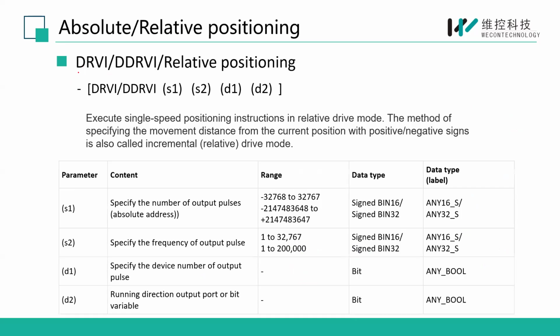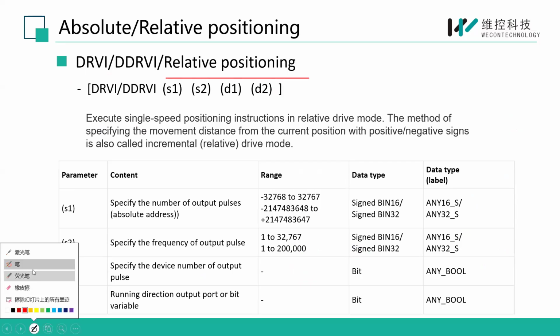About the DRVI and the DDRVI, this instruction is relative positioning. Executed single speed positioning instruction is in relative drive mode. The method of specifying the movement distance from the current position with a positive or negative sign is also called incremental drive mode.